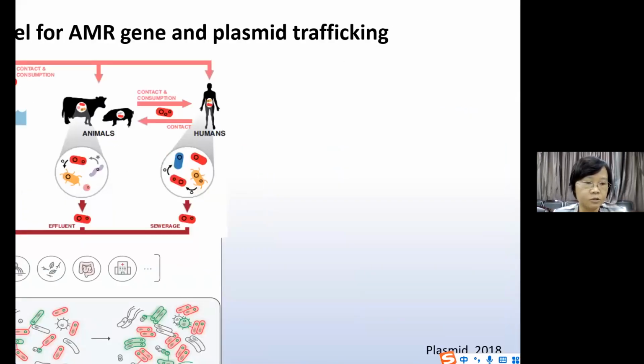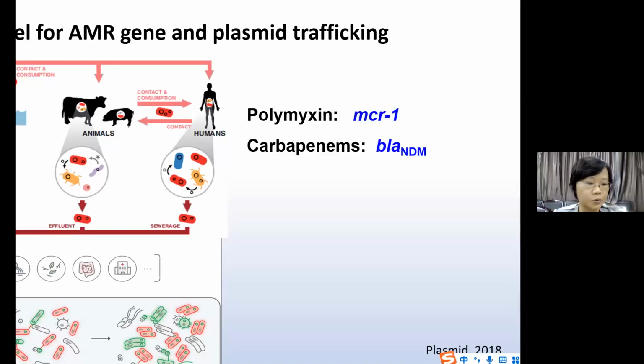The plasmids transmit very rapidly, and they spread in the environment, and they also horizontally spread in the intestinal tract and environment, leading to the rapid dissemination of the resistant genes in the whole ecosystems.